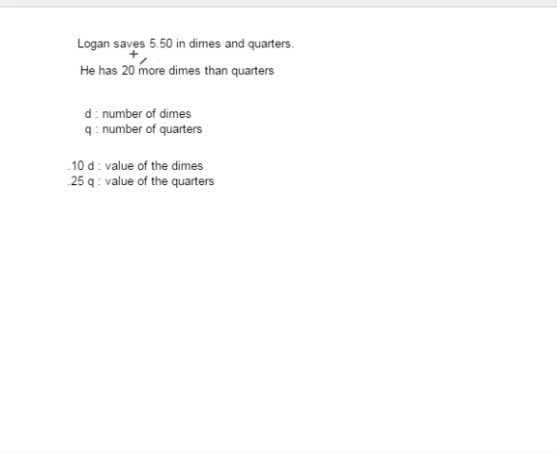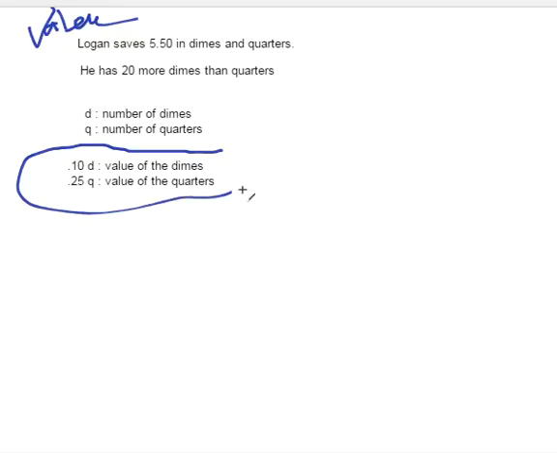Since we're talking about the value of Logan's dimes and quarters in this first equation, we're going to use the value information. So we have the value of dimes plus the value of quarters, so 0.10D plus 0.25Q is going to equal $5.50. Here is one equation.